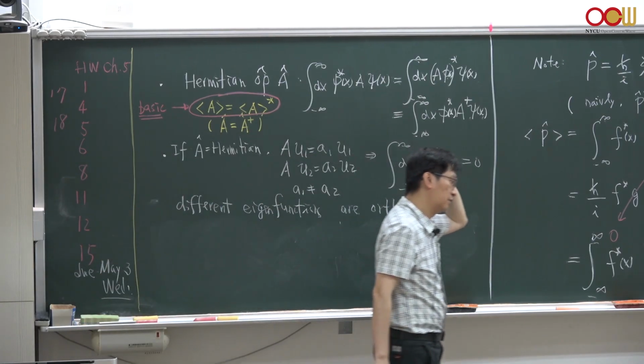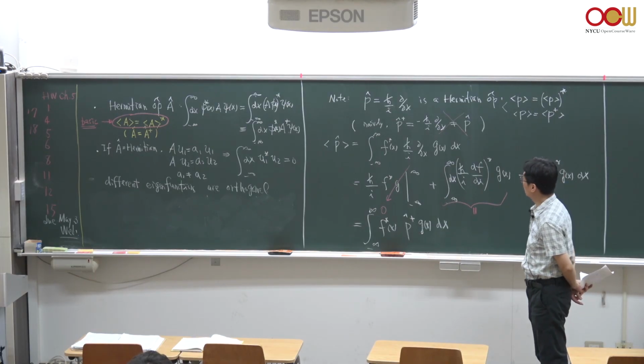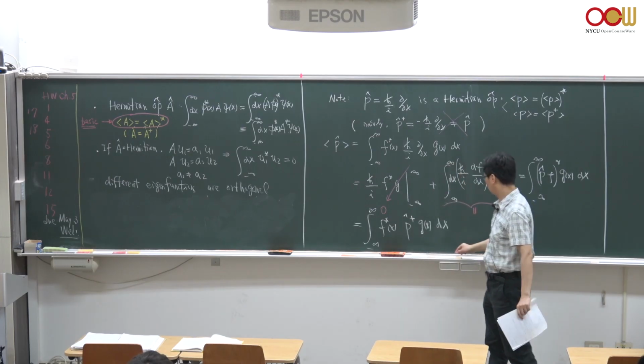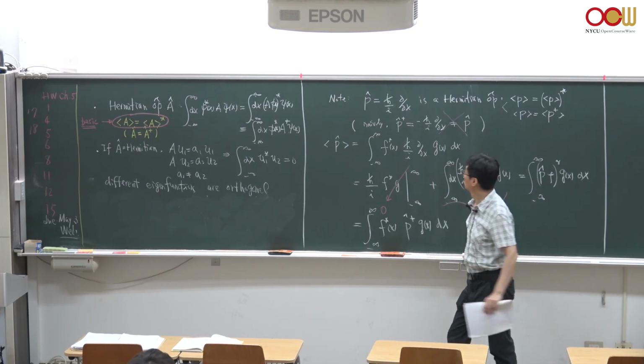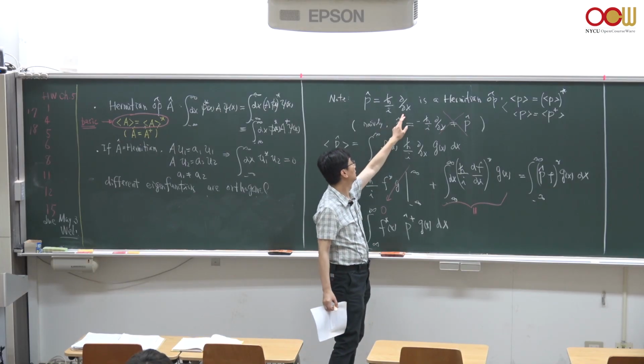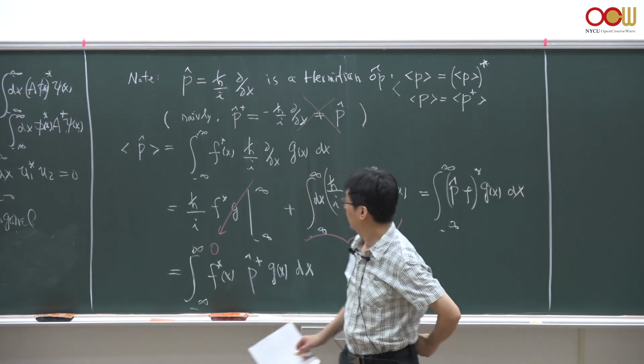Here is a very important clarification of this definition of Hermitian operator, with the example of the momentum operator we discussed many times. Remember, this momentum operator is defined as h bar over i times the partial derivative of the wave function with respect to x.